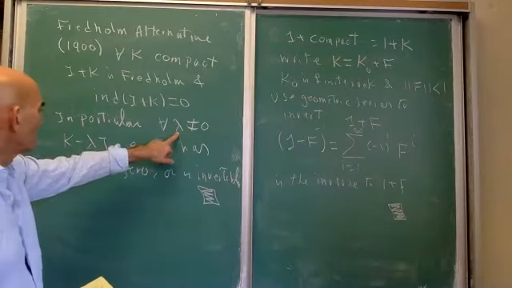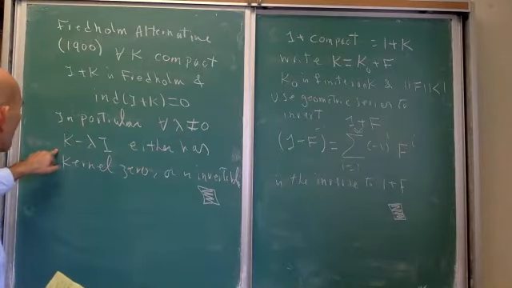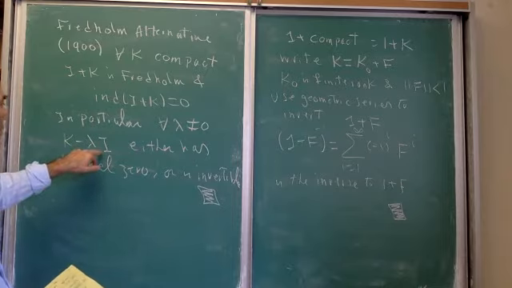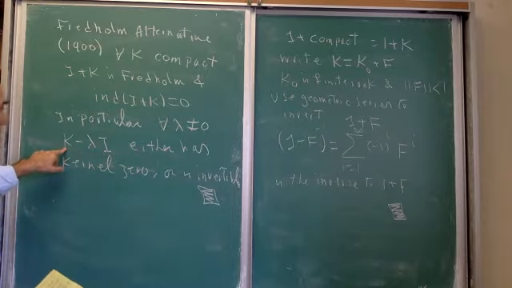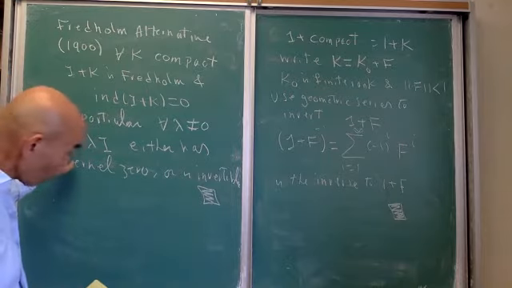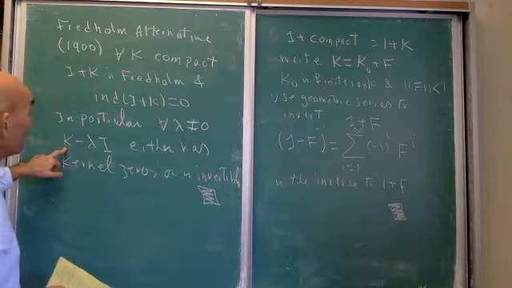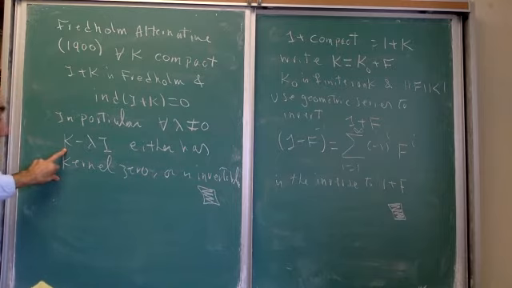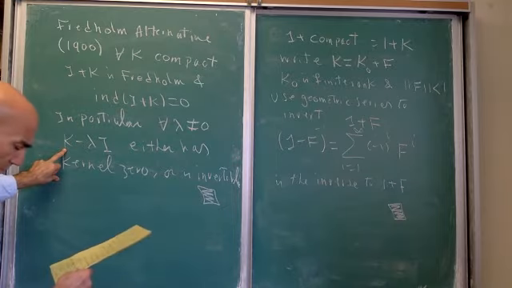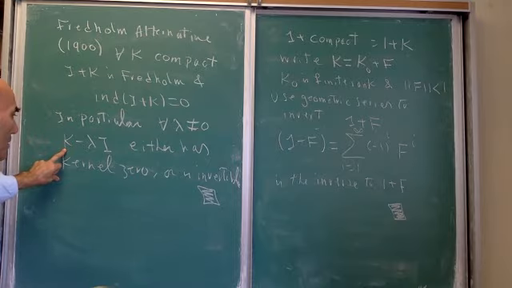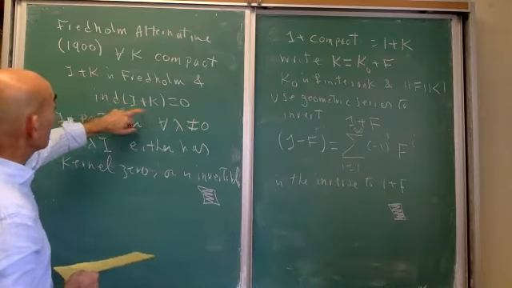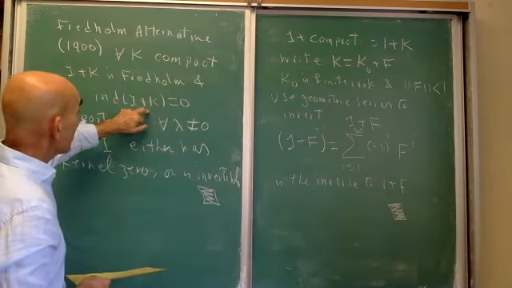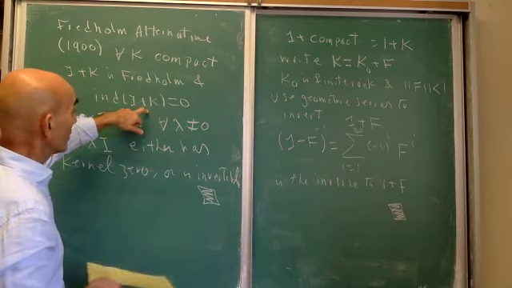So if lambda is different from 0, you can factorize here, then you get something essentially of the form identity plus compact. So basically the result says that if its kernel is 0, I should say non-invertible in this case. You see, it just says that if the kernel of this operator is 0, then it has to be onto, because its co-kernel is also 0, because the index is 0.